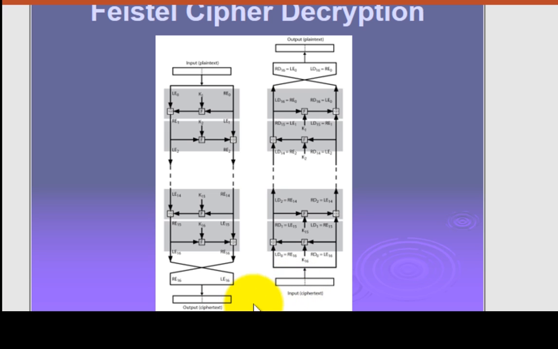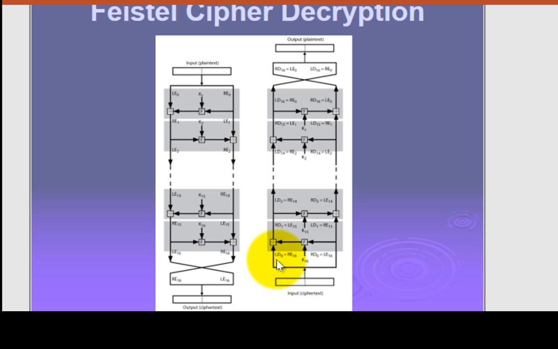For decrypting the ciphertext to recover the plaintext, first you use the ciphertext as an input and process the algorithm in reverse order. That means you have to use K16 in the first round. This is LD0 and RD0, left-hand decryption 0 and right-hand decryption 0, and you use the function based on K16, not K0, not K1. With K16 you generate the F round function and do the exclusive OR.